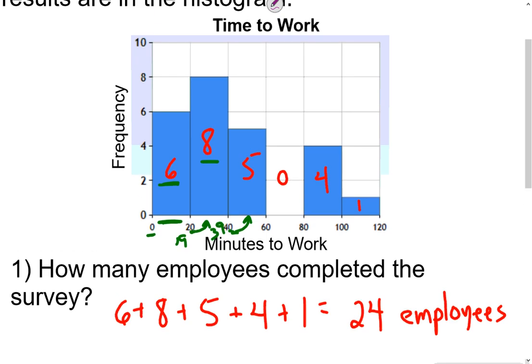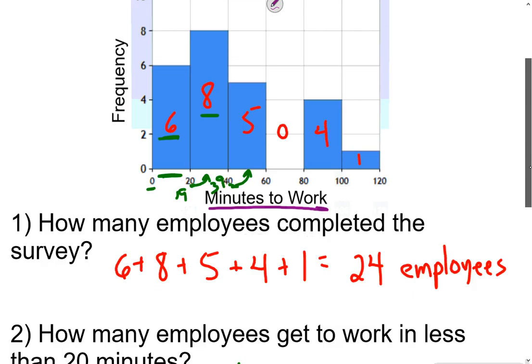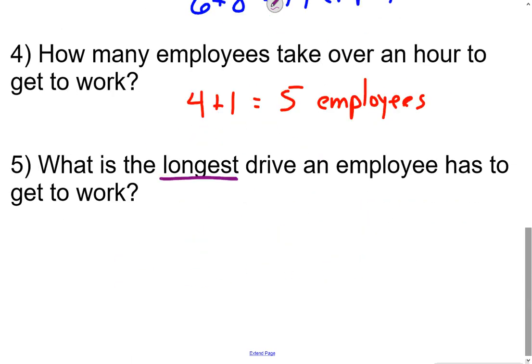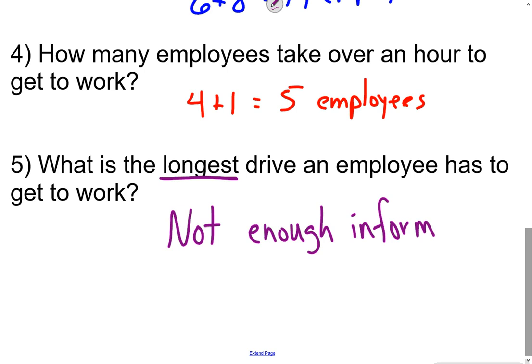That I don't, because all I know is the time. It says minutes to work here, but it doesn't tell me in length. So technically, I cannot answer this question. I'm going to put not enough information to answer that question.